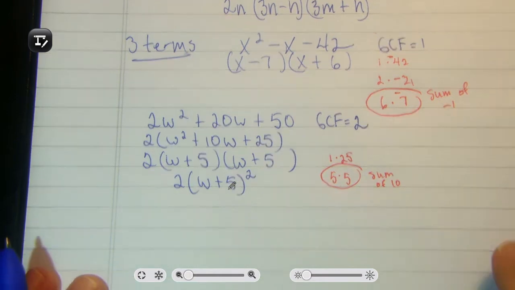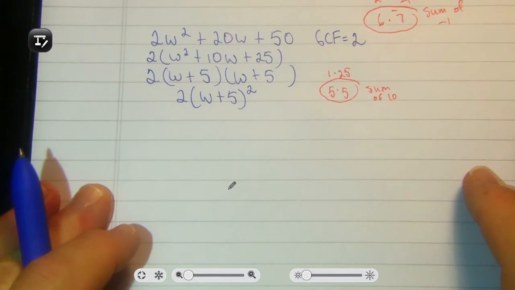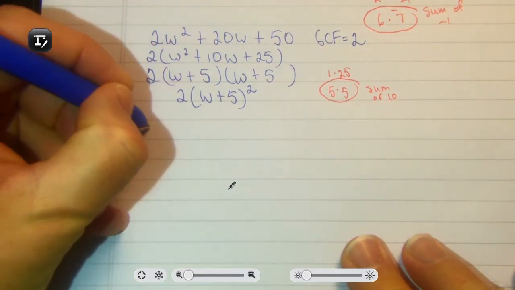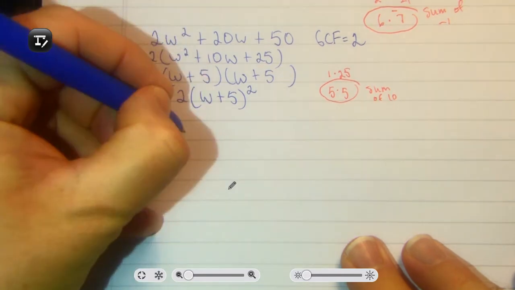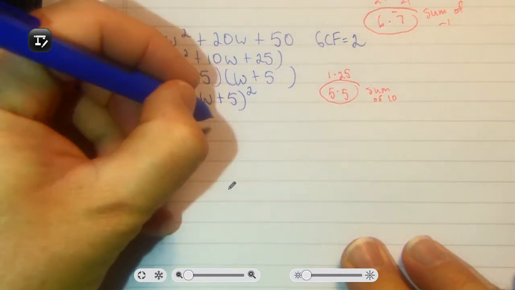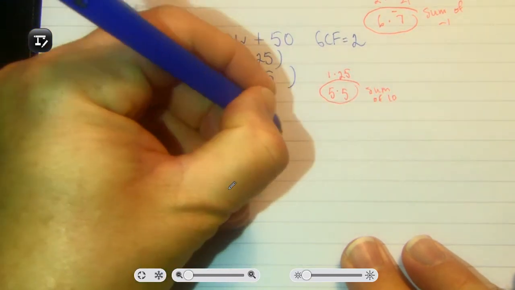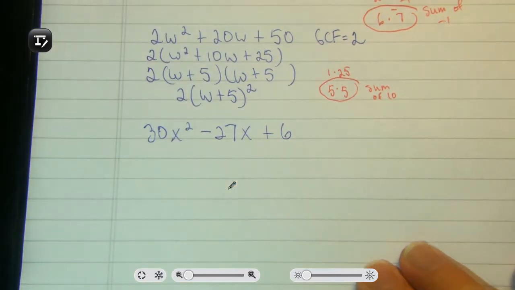Let's look at another 3-term example. This one is 30x squared minus 27x plus 6.